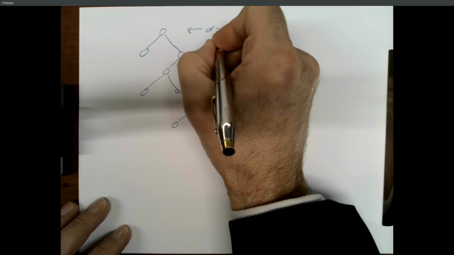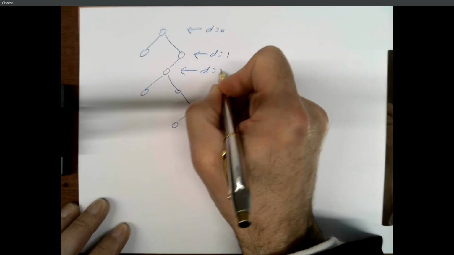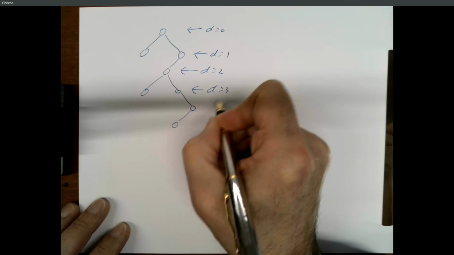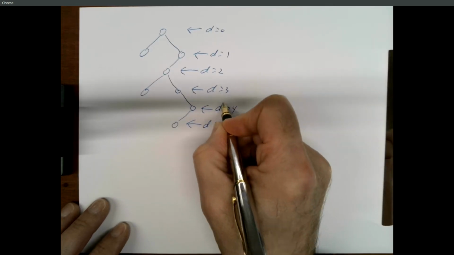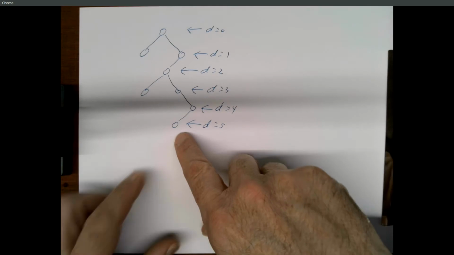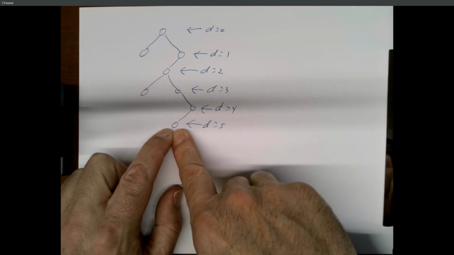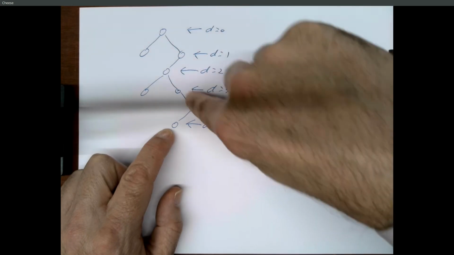So here the depth is equal to 0, the depth is 1, depth is 2, 3, 4, and 5. And the depth is the number of hops from the root to the node. So if I want to get to this node that I've labeled depth of 5, it's 5 because if I start at the root, I have to follow 1, 2, 3, 4, 5 hops.